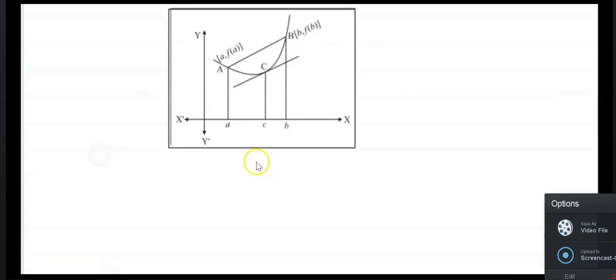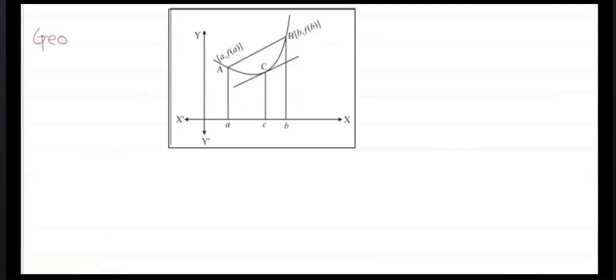These are two different statements. In this case, this tangent is parallel to this secant. But in that case, it was equal to 0. The slope of that tangent was 0 in Rolle's theorem.